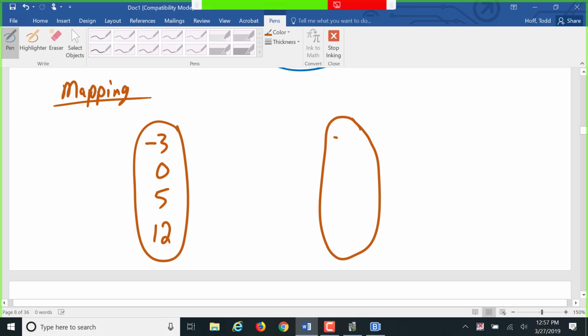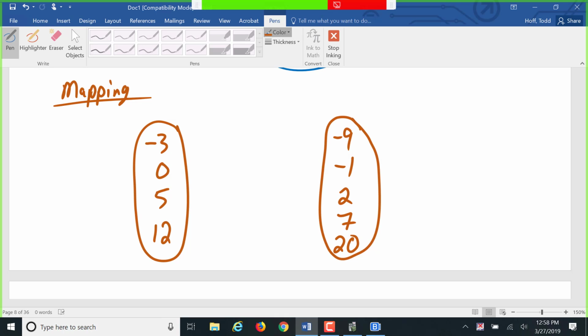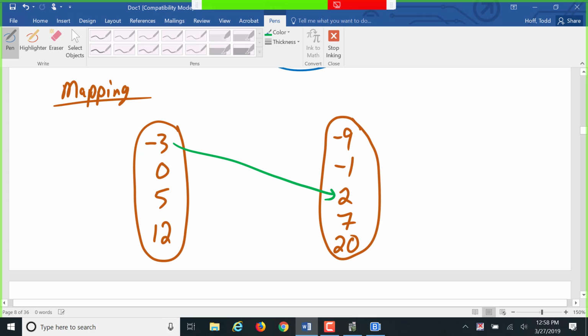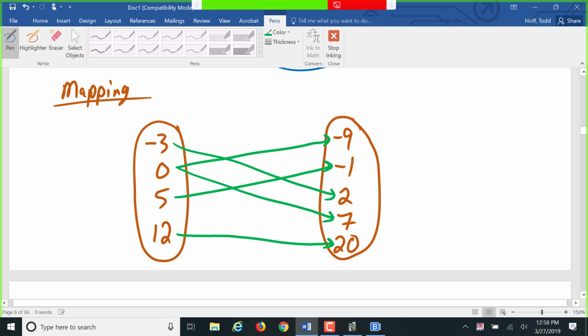And let's say this is negative 9, negative 1, 2, 7, 20. And the mapping tells us that negative 3 is going to become 2. 0 becomes negative 9 or positive 7. 5 becomes negative 1 and 12 becomes 20.